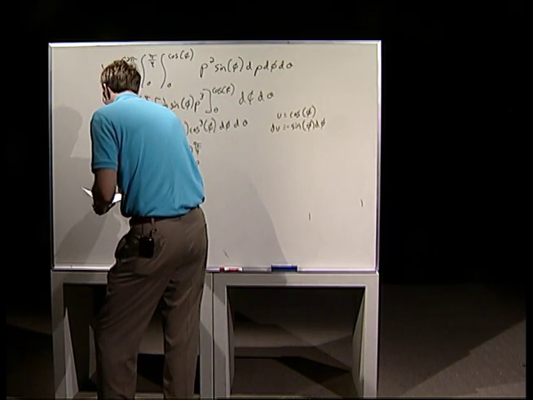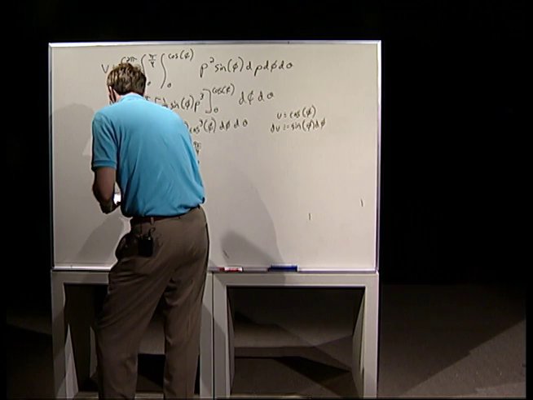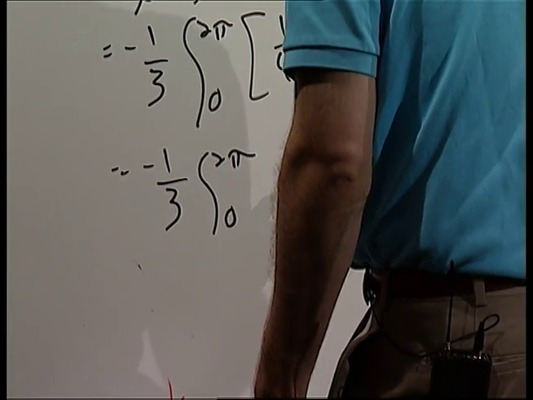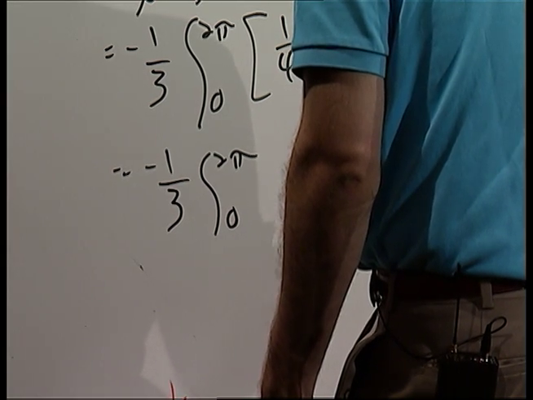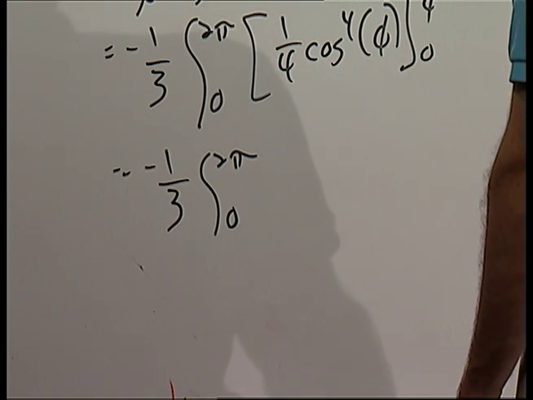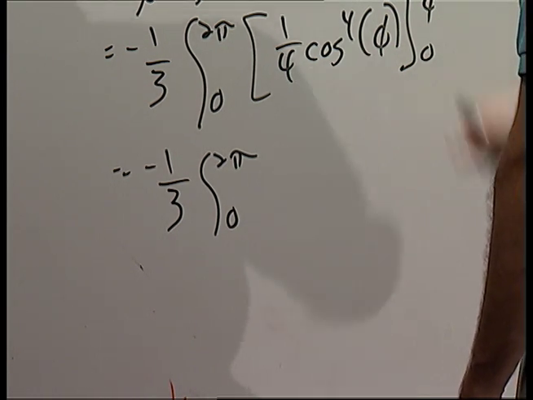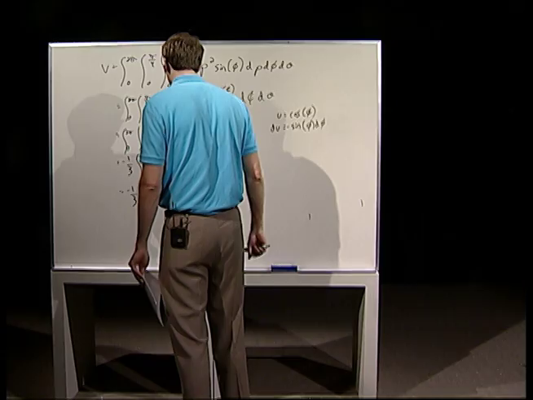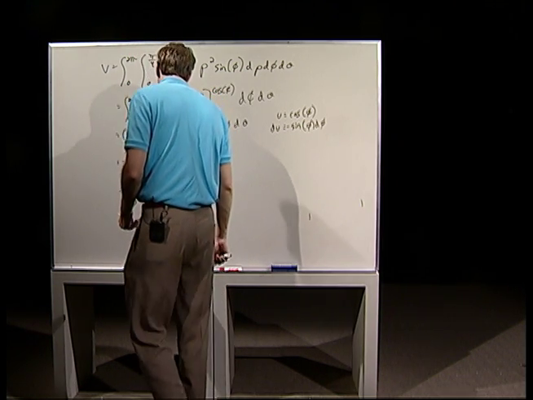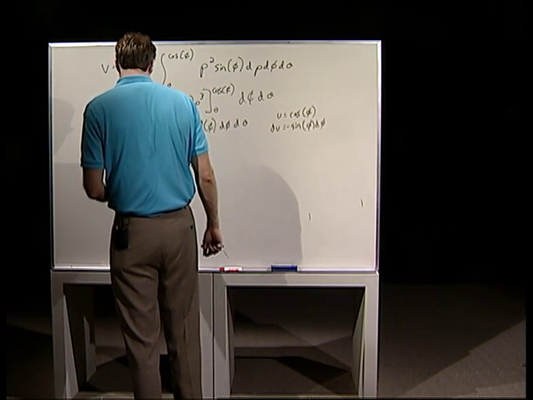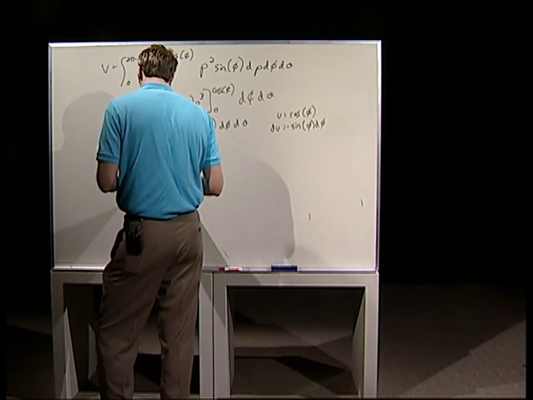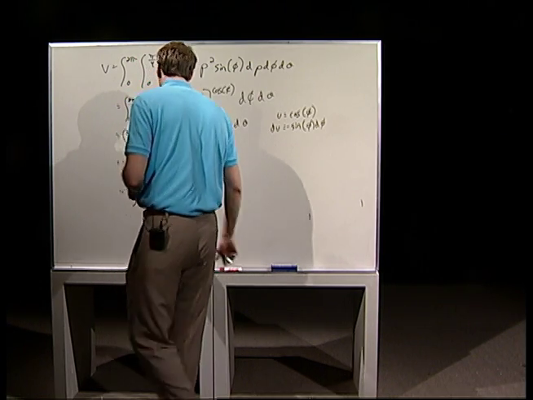And what happens now? Minus a third, 0 to 2 pi integral. Plug in pi over 4. The cosine of pi over 4 is root 2 over 2. If you take that to the 4th, you get 4 over 16, which is 1/4. So you get 1/16 at the top, and minus a 4th at the bottom.